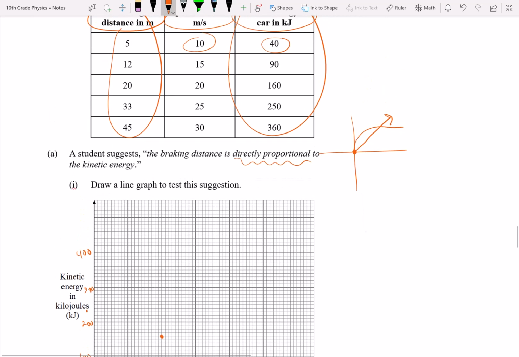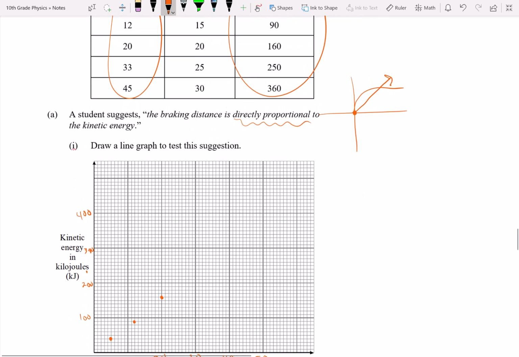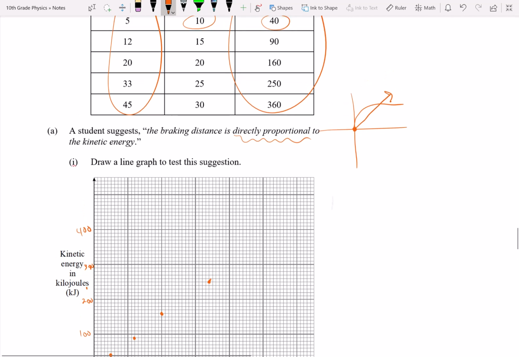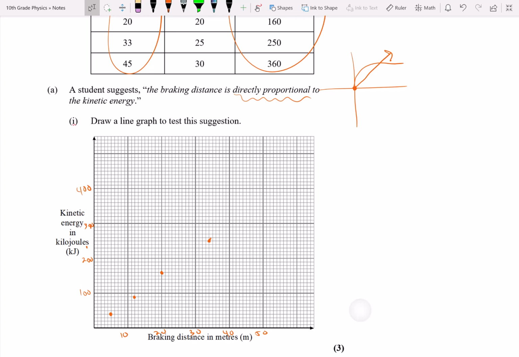So far it looks pretty good, but maybe not. 33, 250. 31, 2, 3, 250. It's right there. And then 45, 360: 1, 2, 3, 4. Make sure I did this one right. This is the only one that looks off. So 33, 250. 33, 1, 2, 3, 4, 5.